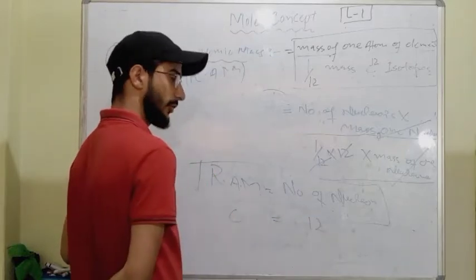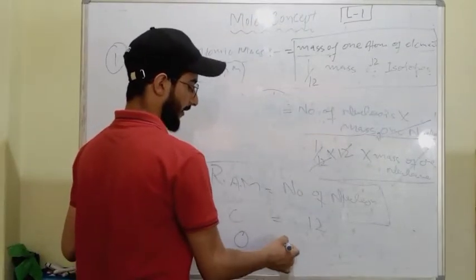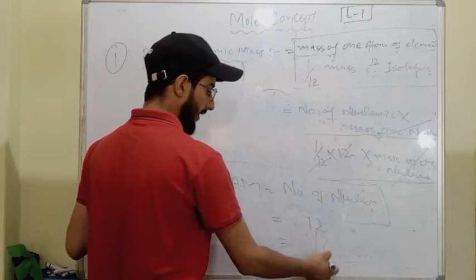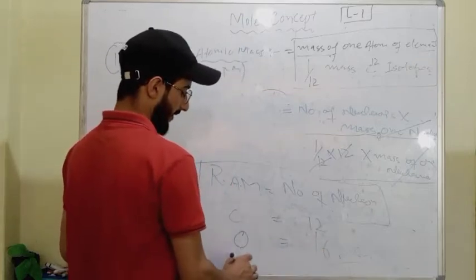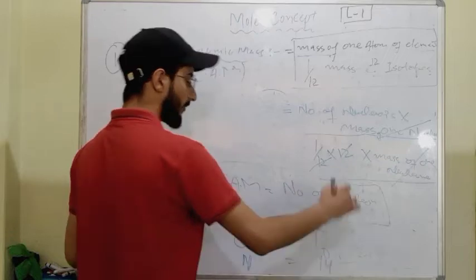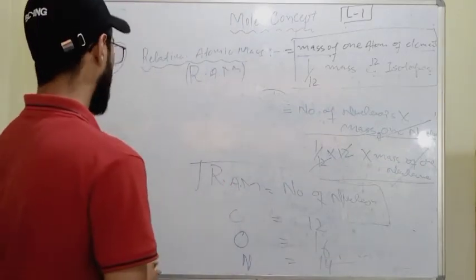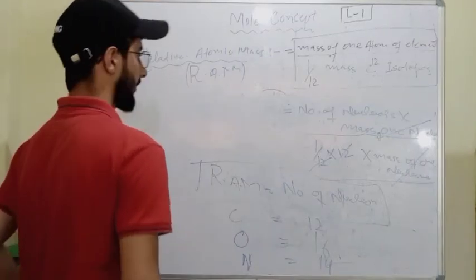It has no unit. If I have oxygen, the relative atomic mass of oxygen will be 16. If I have nitrogen, the relative atomic mass of nitrogen will be 14. So this was all about the relative atomic mass.